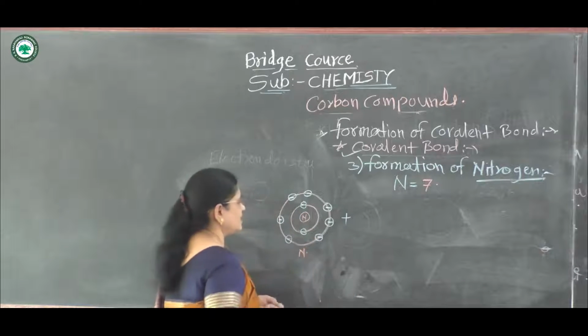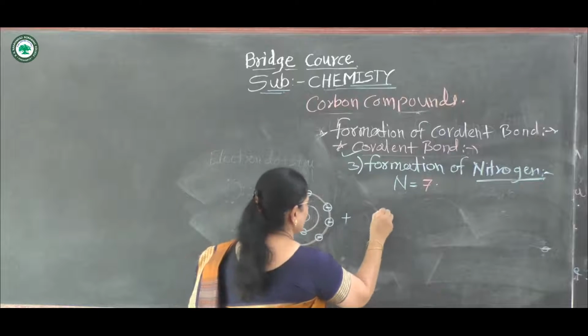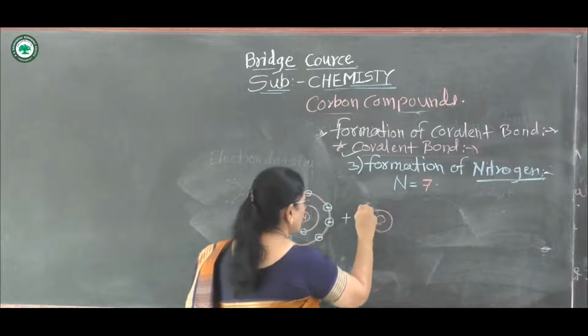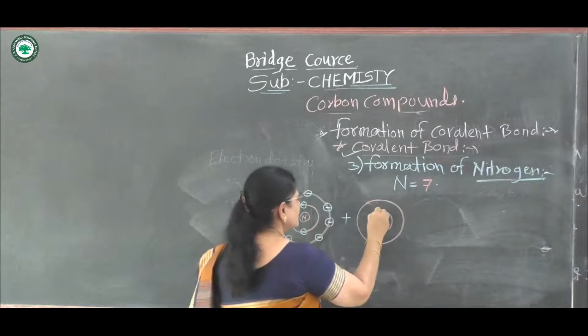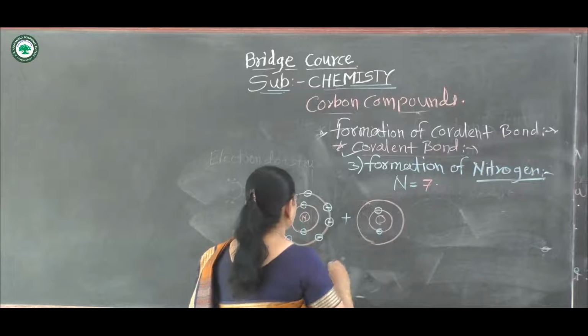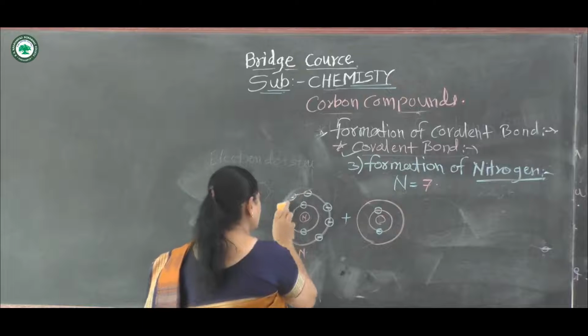Then the second molecule of nitrogen. This is the second atom, after the first atom of nitrogen. It also has 2 electrons in the first orbit and 5 electrons in the second orbit.